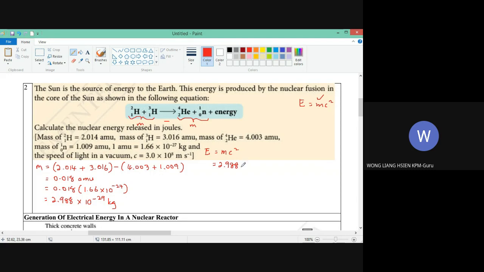2.988 times 10 power negative 9 times 10 power 8 squared.